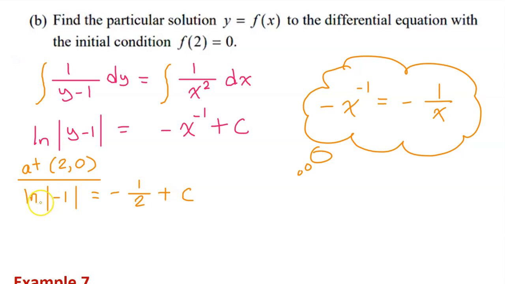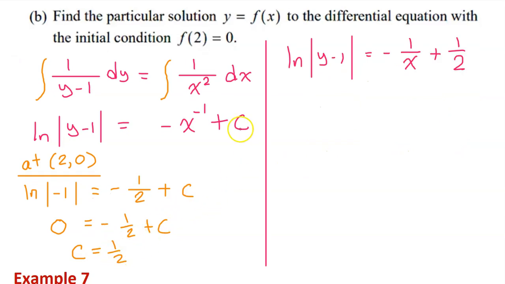The natural log of the absolute value of negative 1 becomes the natural log of positive 1 because we took the absolute value. And the natural log of 1 is 0. So we have 0 is equal to negative 1/2 plus c. Adding 1/2 to both sides gives us c is equal to positive 1/2.